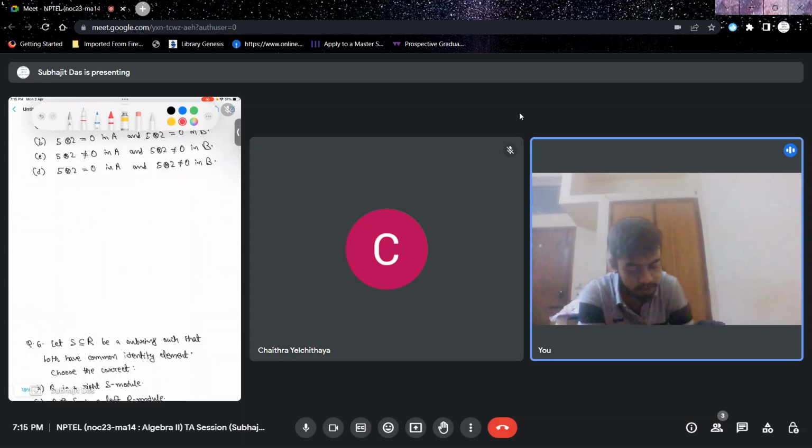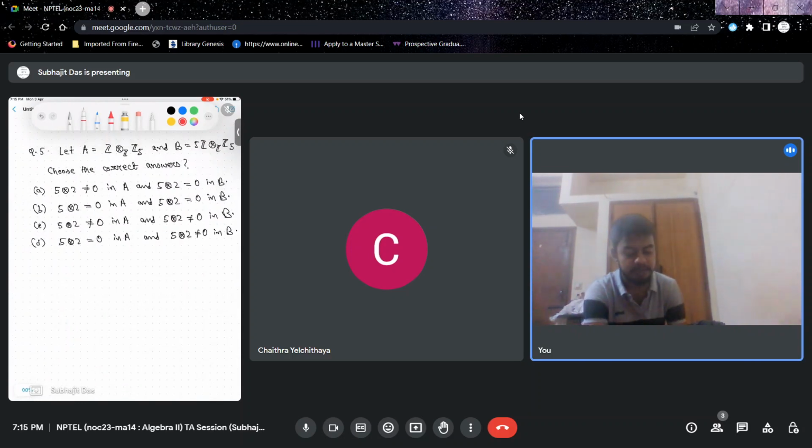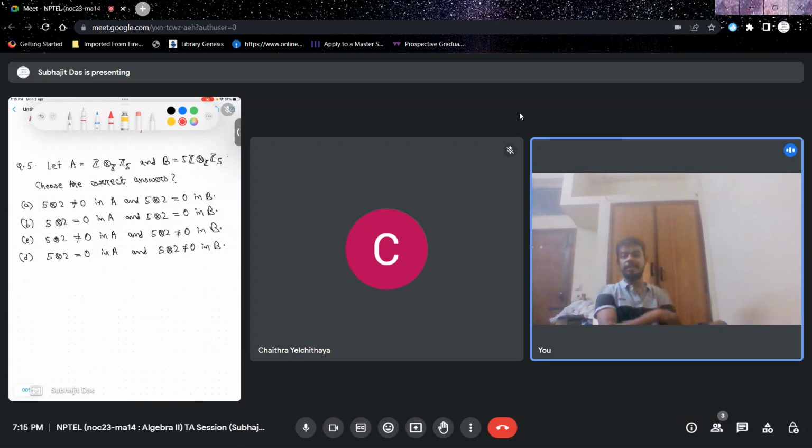We have taken two different Z modules, two different tensor products actually. One of them is A, which is Z tensored over Z with Z5, and B is 5Z tensored over Z with Z5. We just need to choose the correct answers. So which of these will be correct?